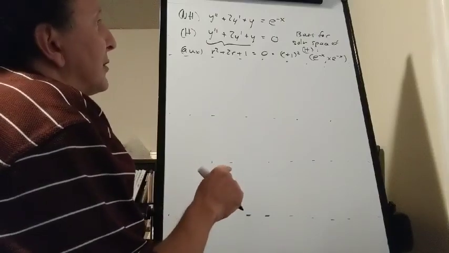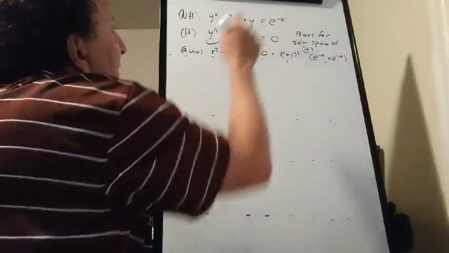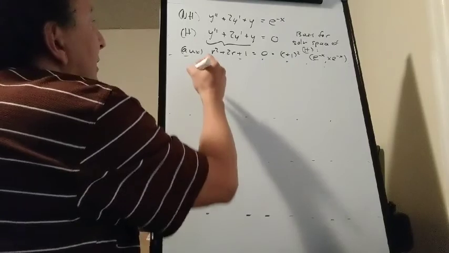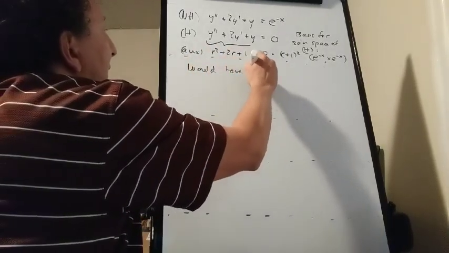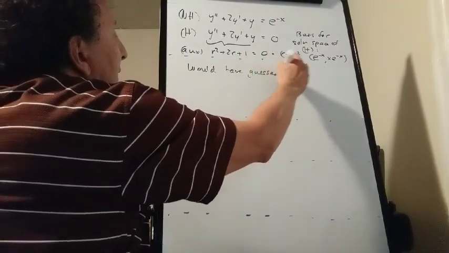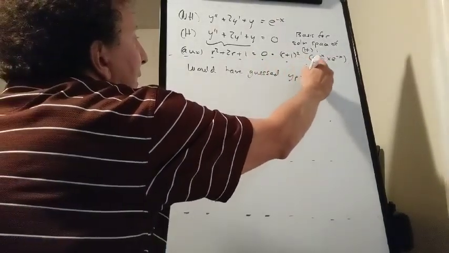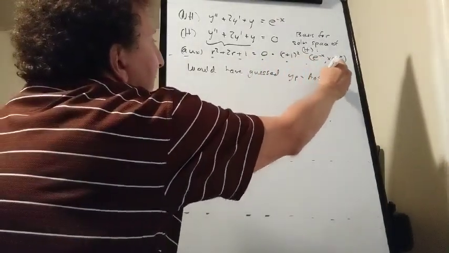Now for our particular solution, we would have guessed y equals a naught e to the negative x.